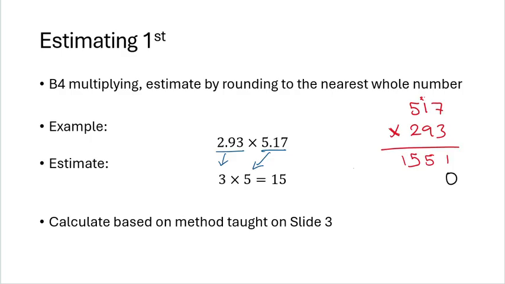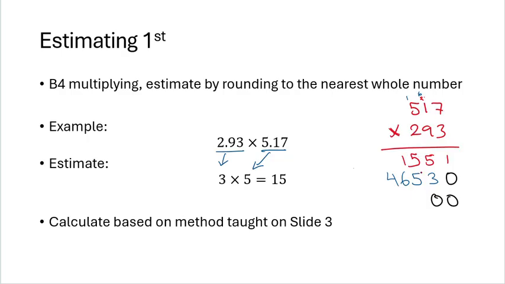Add in 0. 7 times 9 is 63. Add 6. 1 times 9 is 9. 9 plus 6 is 15. Add 1. 5 times 9 is 45. Plus 1 is 46. Now add in 2 zeros.